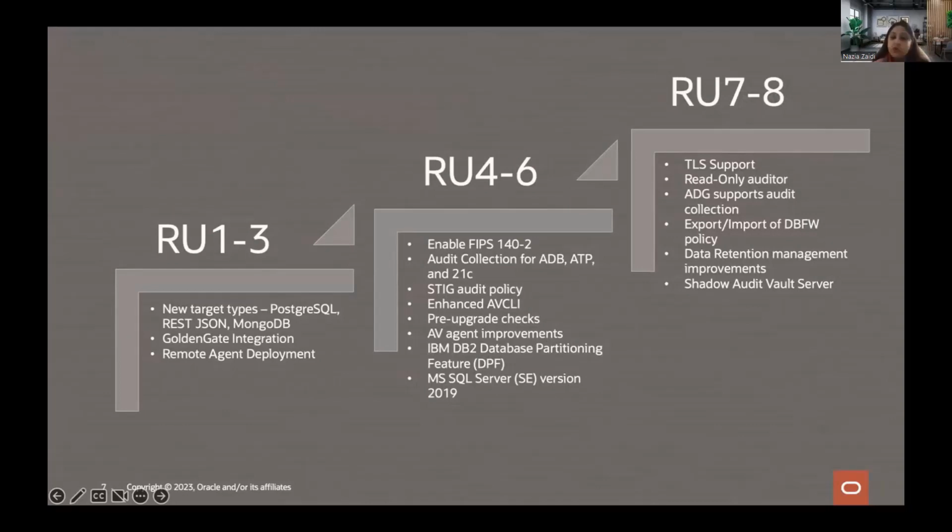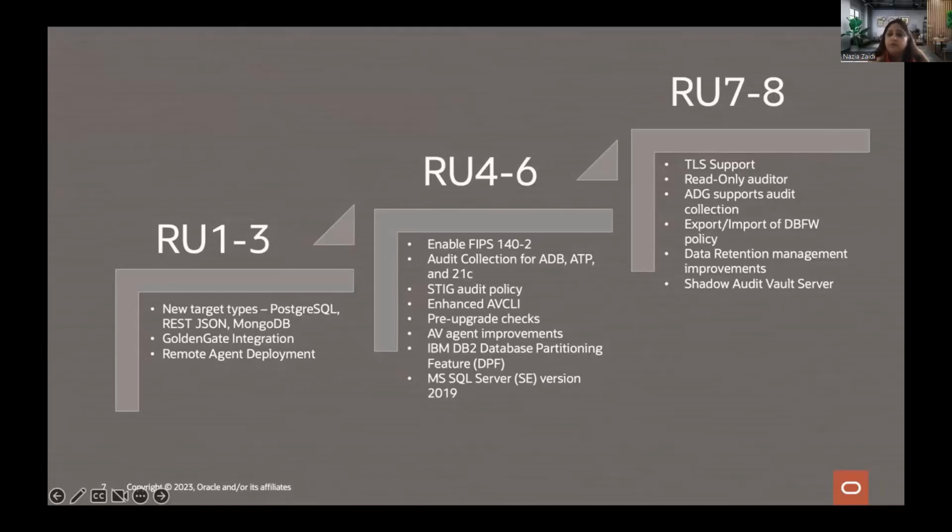And then we started with remote agent deployment. These were the major ones, and we revamped the entire UI itself in AVDF 20. But when we moved to RU 4 to 6, I would say our major focus was to stabilize our solution.